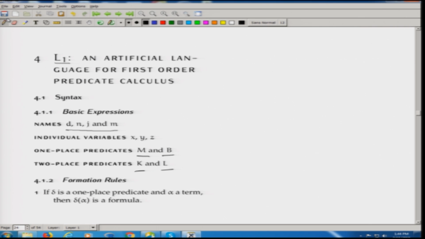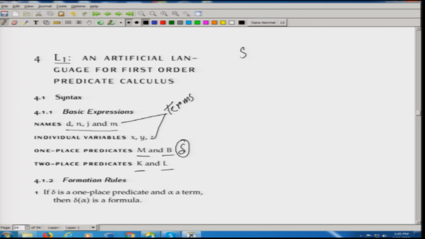You can have delta alpha, you cannot have alpha delta. Delta can be any 1 place predicate, and alpha can be a term. What is a term? Either an individual name or an individual variable is a term. These are all terms.